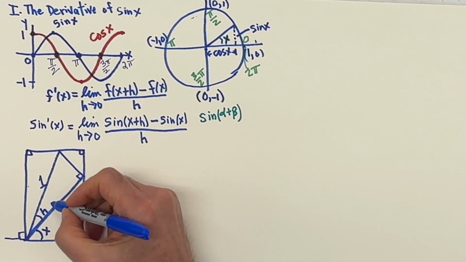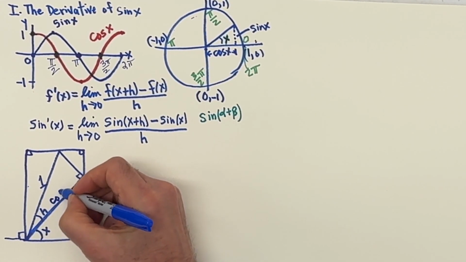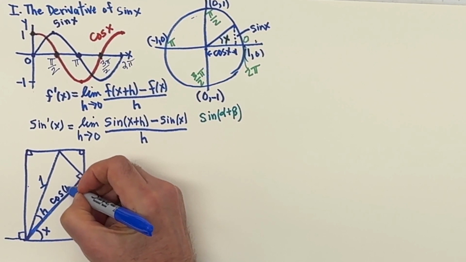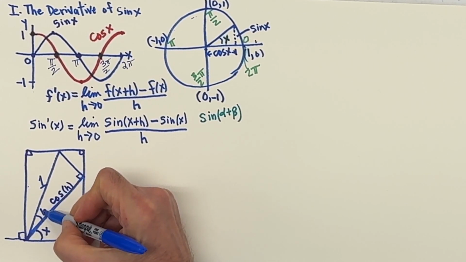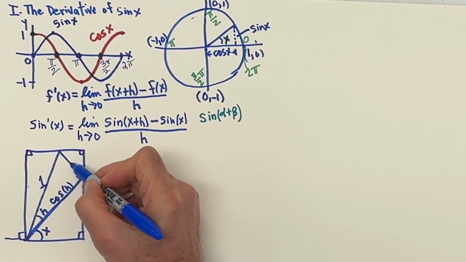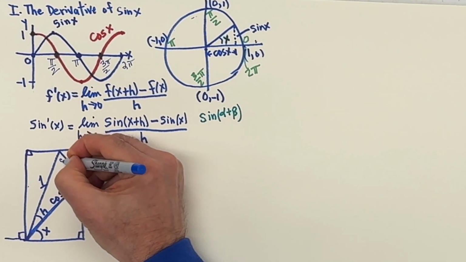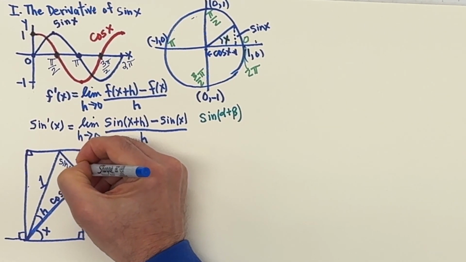So now this line here is your cosine of h. So this is your angle, this is your adjacent side, and your opposite side is your sine. So I'm going to write the sine in for this one up here. Try to write it a little bit sideways, sine of h.